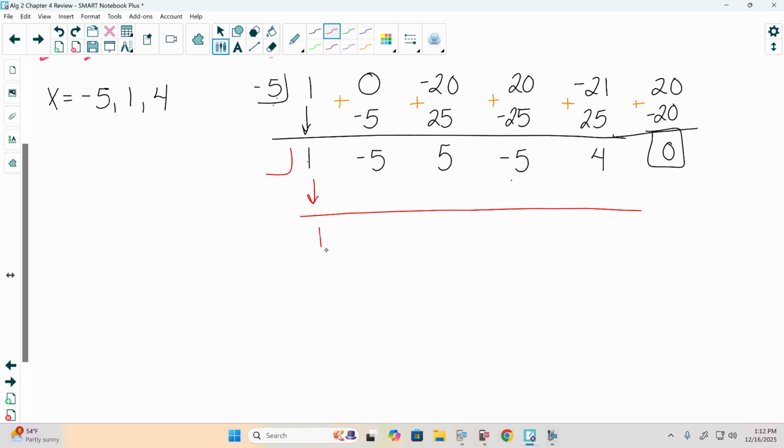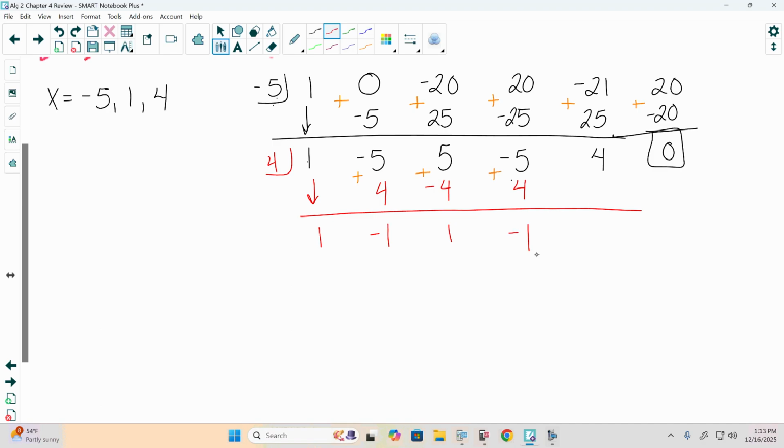Which number do we want to do next, 1 or 4? 4. Now, as we do this here, we'll repeat the process. 4 times 1 is 4. Negative 5 plus 4 is negative 1. 4 times negative 1 is negative 4. 5 plus negative 4 is 1. 4 times positive 1 is positive 4.